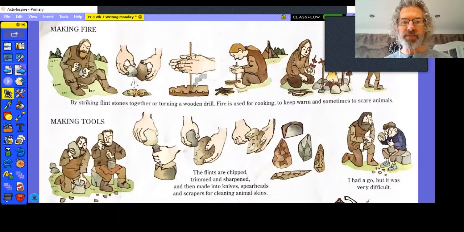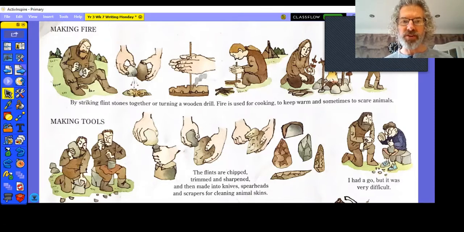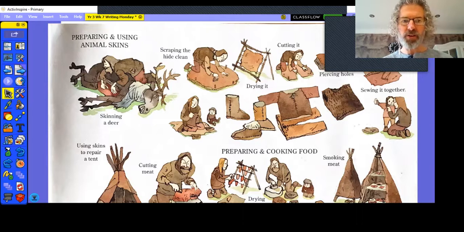So you've got a copy of these pages which you can view on screen, or you can print off and have a look at. And these pages are absolutely stuffed full of information. You've got a section at the top there about making fire. You've got a section about making tools. You've got a section about using tools. You've got a whole section on preparing and using animal skins and preparing and cooking food.